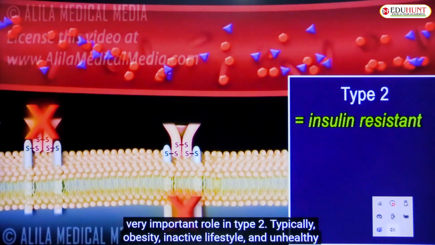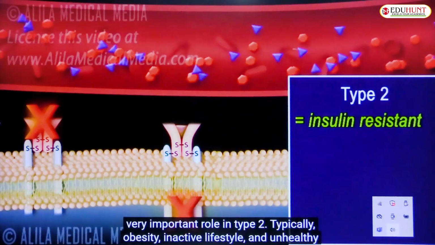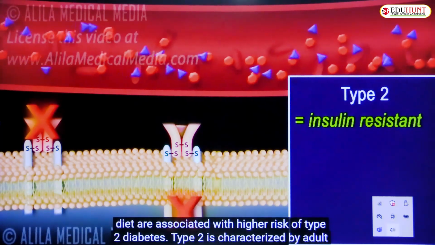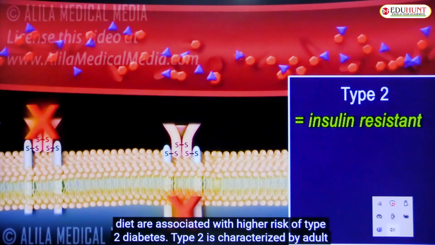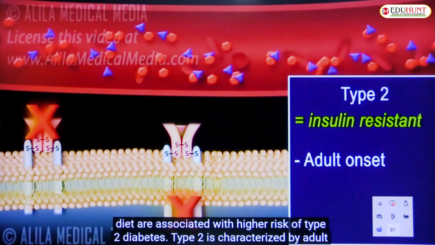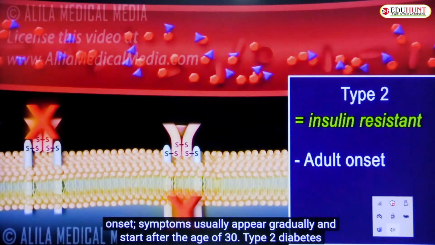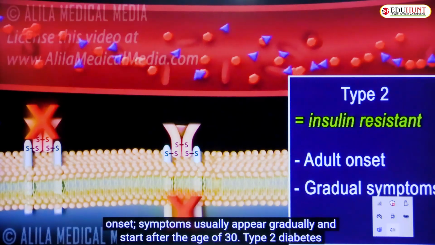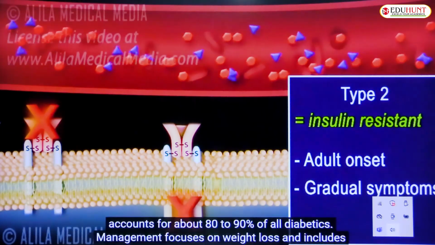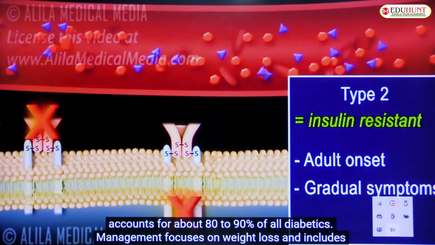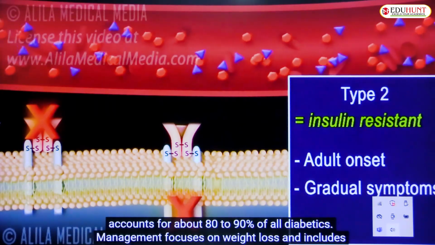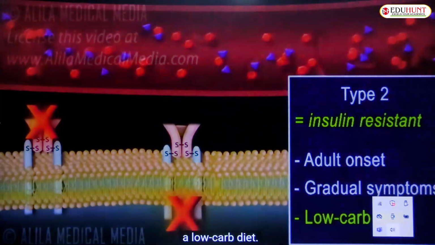Typically, obesity, inactive lifestyle, and unhealthy diet are associated with higher risk of type 2 diabetes. Type 2 is characterized by adult onset. Symptoms usually appear gradually and start after the age of 30. Type 2 diabetes accounts for about 80 to 90% of all diabetics. Management focuses on weight loss and includes a low-carb diet.